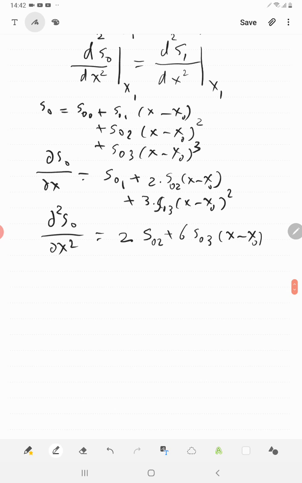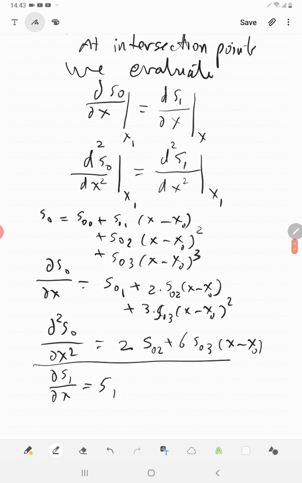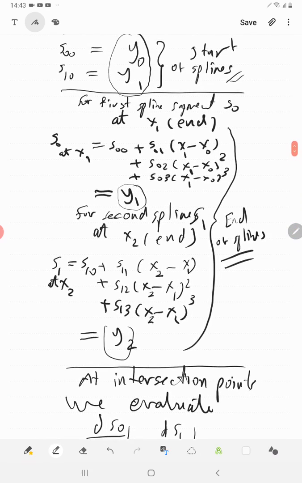Now if we go to dS1/dx, you will get the same equations, only here I get S11. You apply the same for this S1.